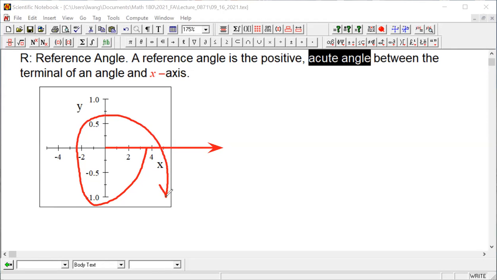I ended up here, and my terminal is right here. What will be my reference angle? My reference angle is going to be this one. That's my reference angle theta. You guys follow me? So these are the 4 cases when you determine reference angle.